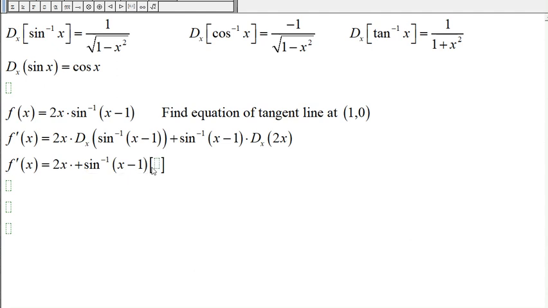The derivative of the 2x, that is 2. And then we need to find the derivative of the sine inverse of x minus 1.